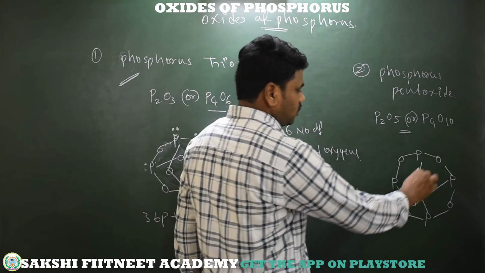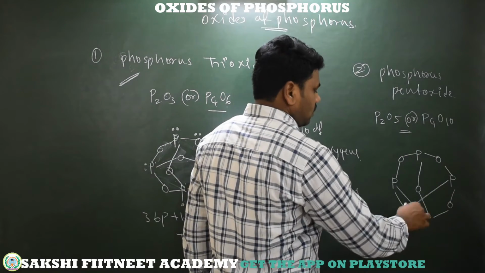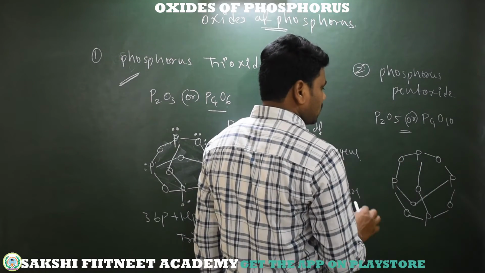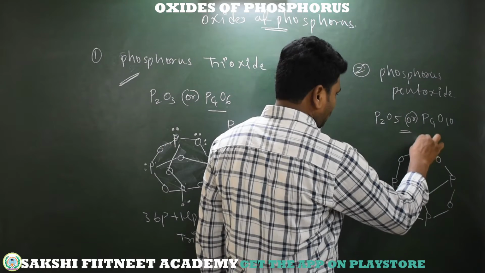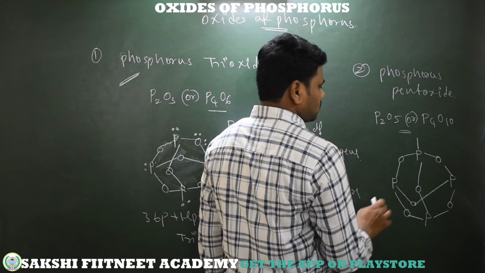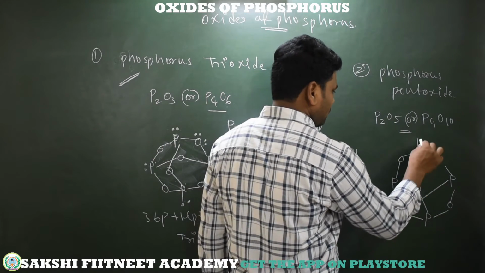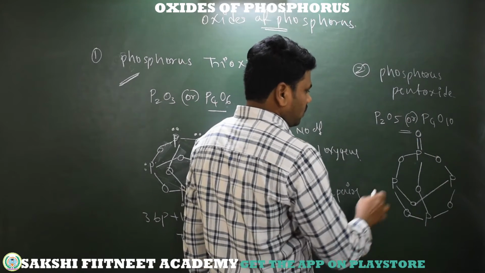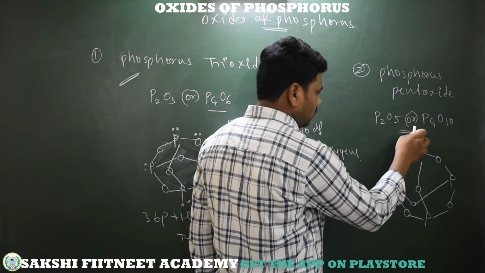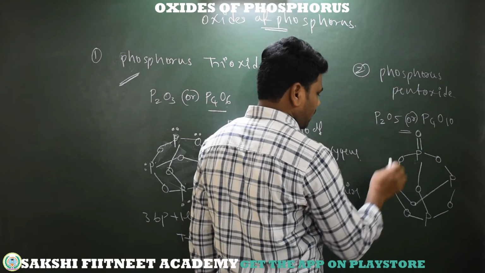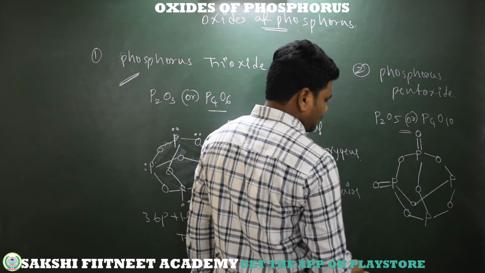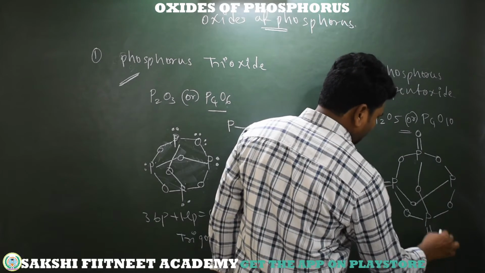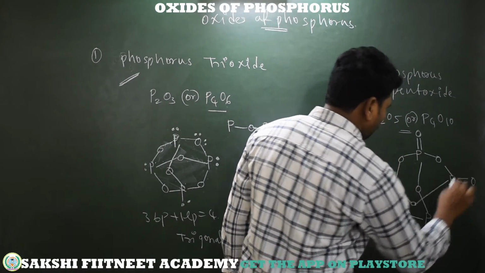So here we have a total of 6 bridging oxygen atoms, and the remaining 4 oxygens form a coordinate bond with the phosphorus. So we can represent 1 sigma bond and 1 pi bond between this phosphorus and oxygen. One is sigma, one is pi. Now here we have another oxygen, and another oxygen.